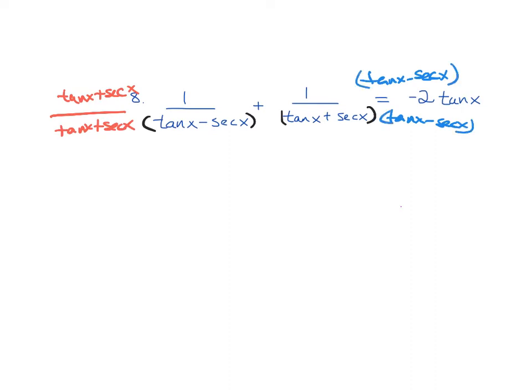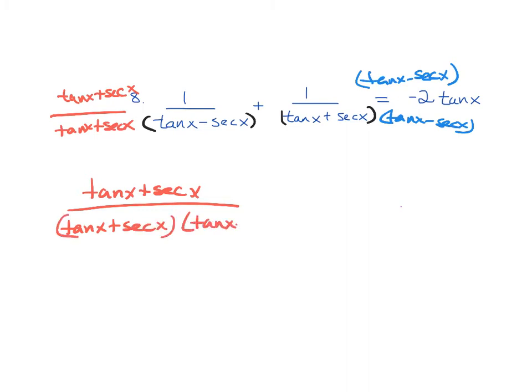So my first fraction, when I multiply tangent x plus secant x times 1, it just stays the same. Again, it's got this long denominator. And then the second fraction becomes tangent x minus secant x over the same denominator.